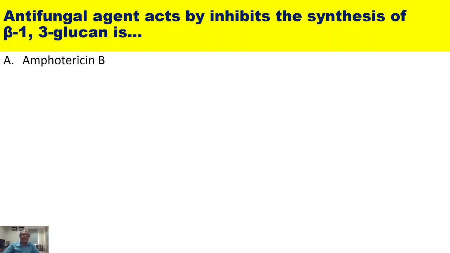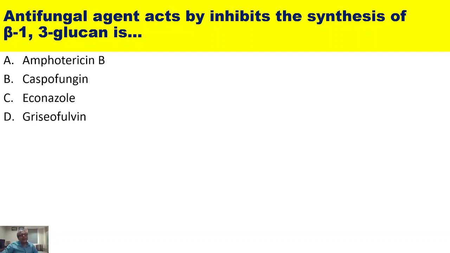And the options are amphotericin B, caspofungin, itraconazole and griseofulvin. Amphotericin B also affects the fungal cell membrane, but it binds with the ergosterol and produces micropores, so it is not the correct answer. Itraconazole is an azole group of drug which acts by inhibiting the lanosterol 14 demethylase enzyme, and griseofulvin acts by inhibiting mitosis.